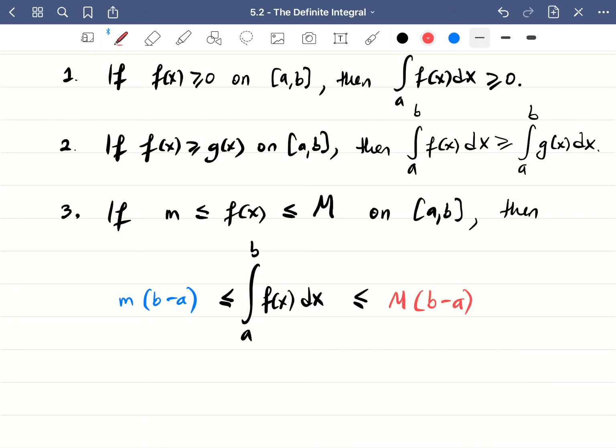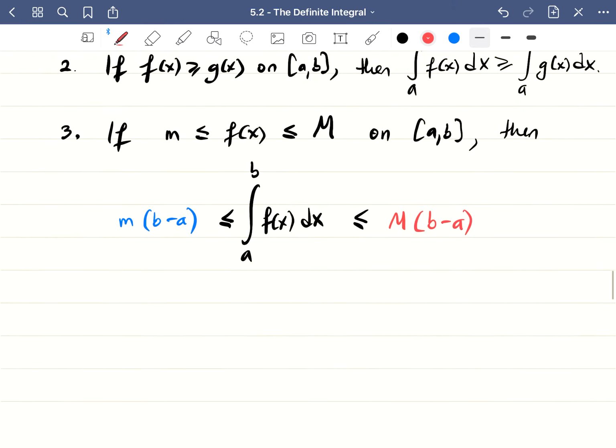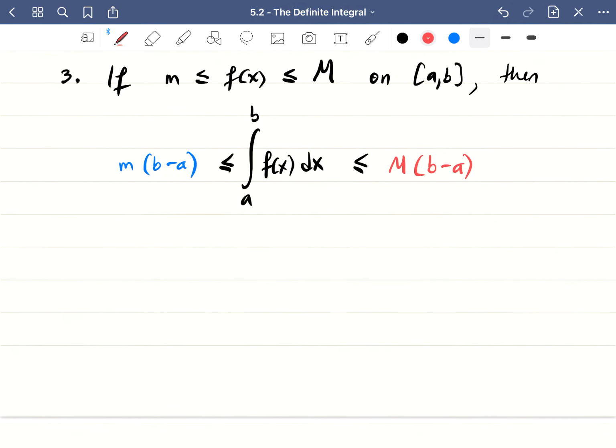Now this might seem like a weird thing to say, but let me describe this on a picture. Let's suppose that we have a function f, and let's say this is our function.